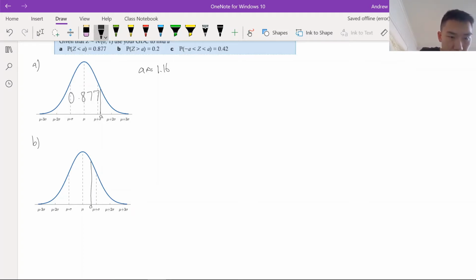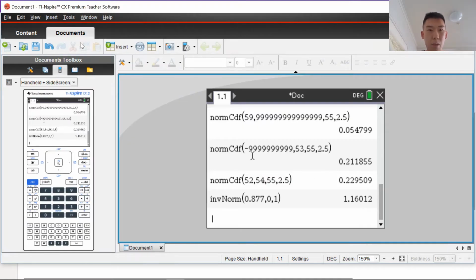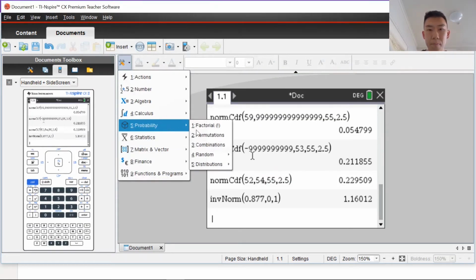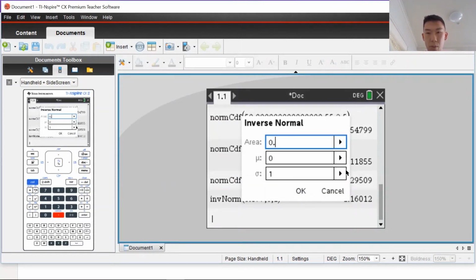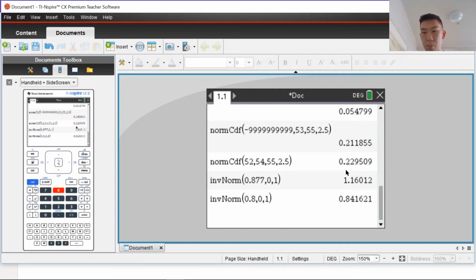We can fix this after if it's wrong. We actually want this area here now, so to the right is 0.2. Since the area under the whole graph is 1, that means the left side of A is 0.8. So that's actually the area we need to put in the calculator. So this time we want inverse normal, area is 0.8. Alright, 0.84.